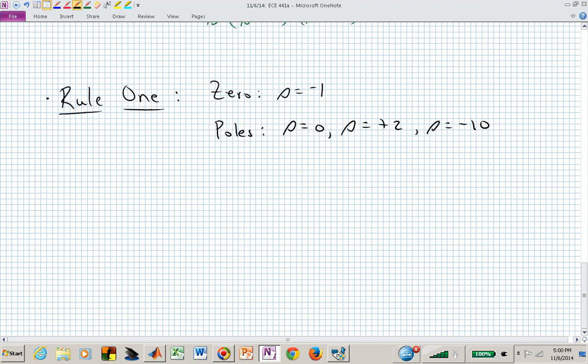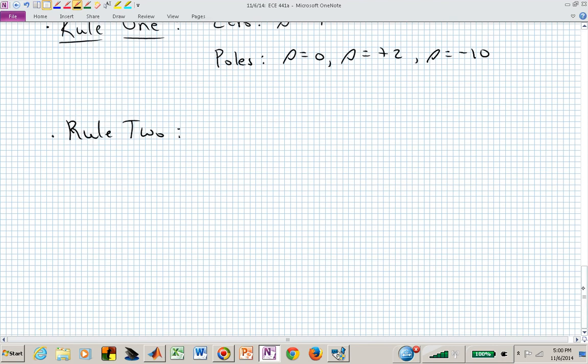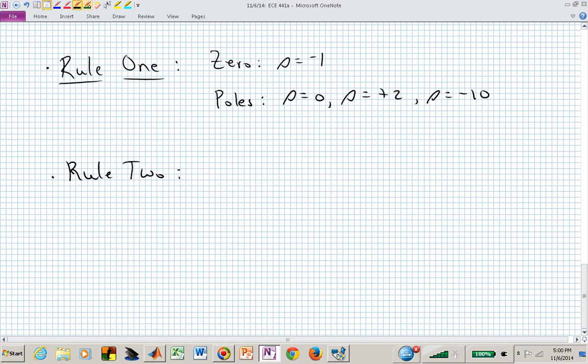We now know where our poles and zeros are. We now want to do rule number 2, which is to sketch those poles and zeros and identify the segments of the real line that belong to the root locus.